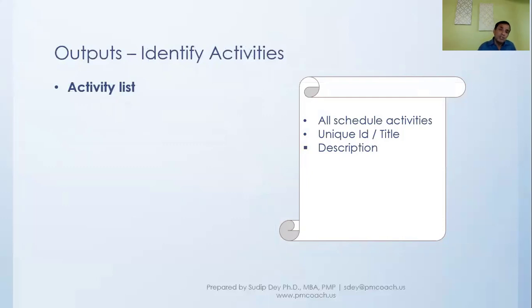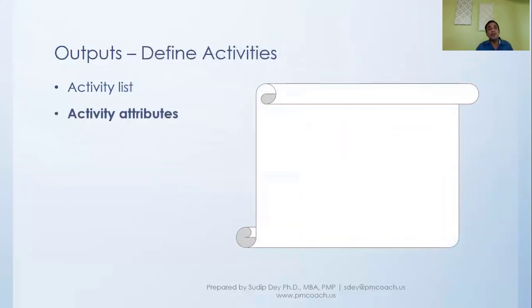Now, for each of these activities, we'll also put together attributes. And when we talk about attributes here, it is pertaining to the scheduling. So we take each activity, and we have the ID for this activity. We will also associate which WBS ID or work package has given rise to this activity.